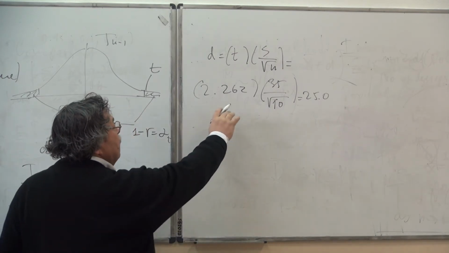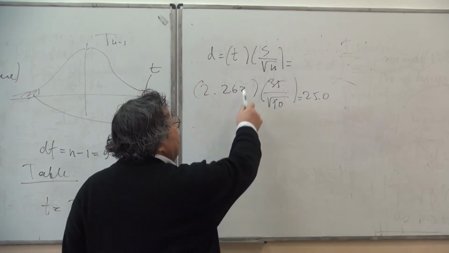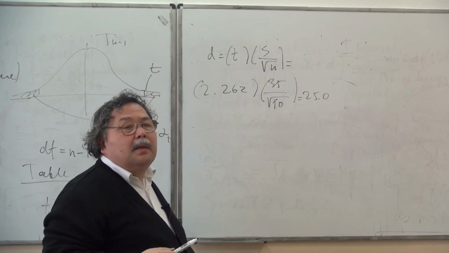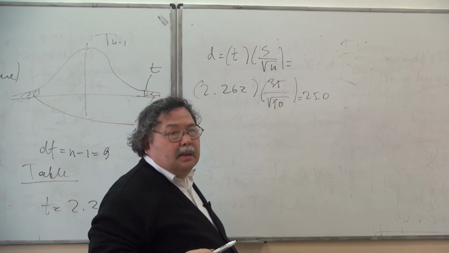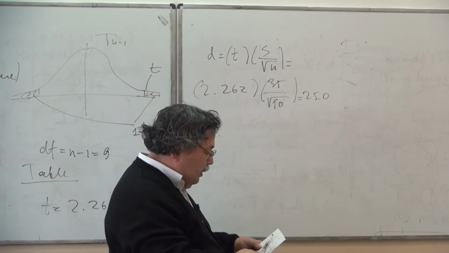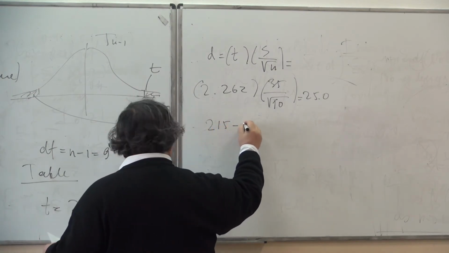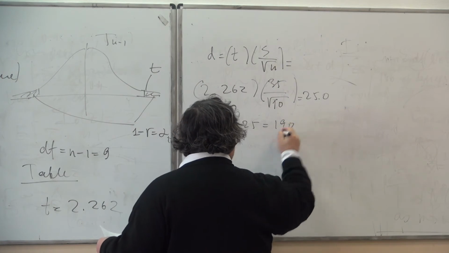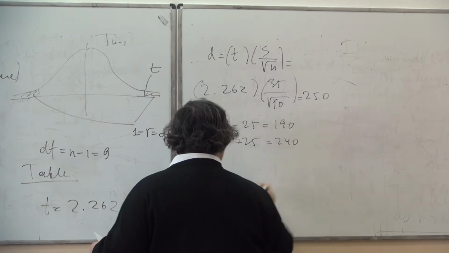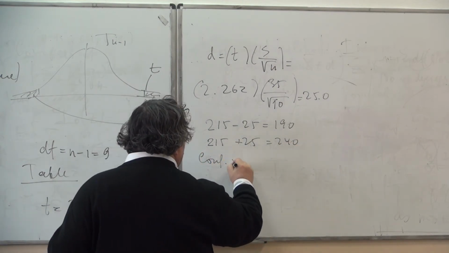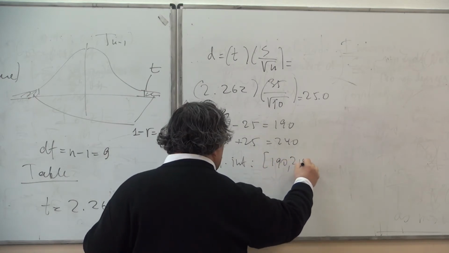If you compare this formula with the formula that we used when we worked with the normal distribution, z is replaced by t, and sigma is replaced by s. But the structure is just the same. So the left boundary is 215 minus 25, and the confidence interval is 190 to 215.